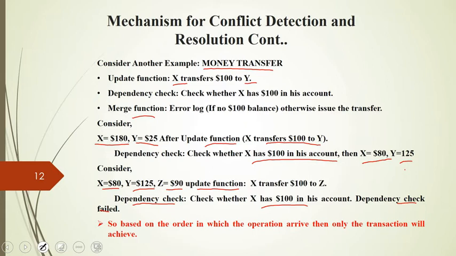So it is based on the order in which the operations arrived that the transaction will be achieved. Since the first transaction from X to Y has occurred, the second transaction X to Z is not possible because X's account does not have a $100 balance. So it basically depends upon the order of events in which the operations are carried out.